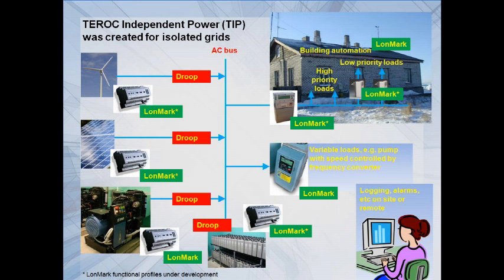This is an example of a system called Terroc Independent Power, or TIP, which we have developed at our company. Here we see a simplified example of how a modern microgrid can be built. On the left-hand side, you have the electricity generators, which we call the supply side.